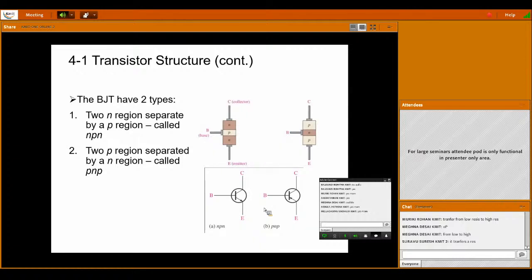In order to differentiate the terminals, we have provided an arrow mark, because we have three terminals: emitter, base and collector. Always remember, the arrow is represented on the emitter, the base is represented as a horizontal line, and the other terminal is the collector. So always the arrow which is represented on a terminal is called the emitter.